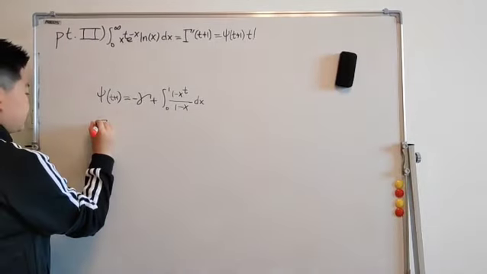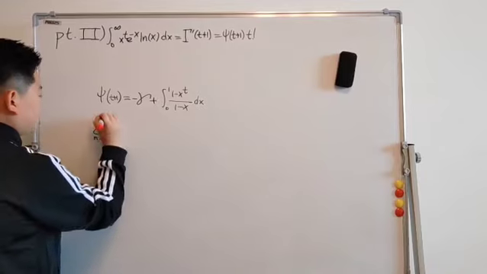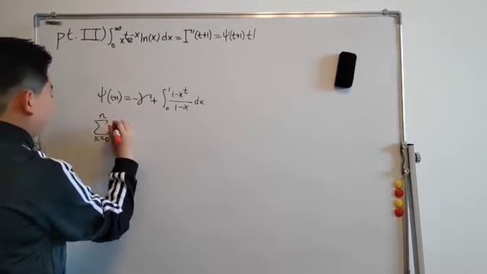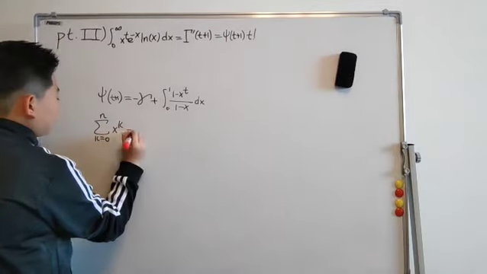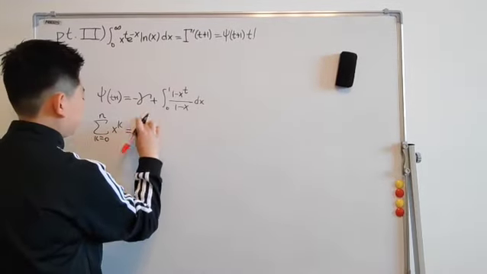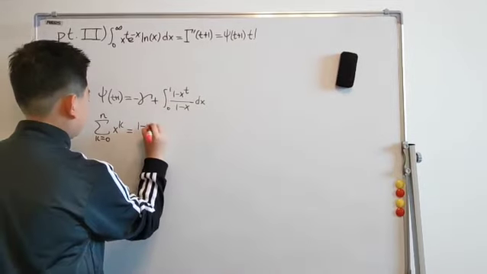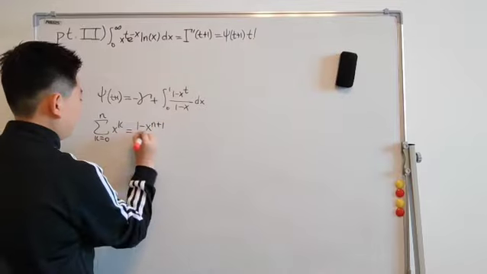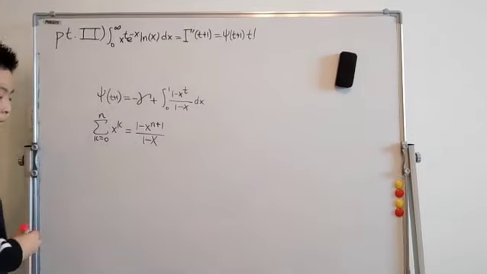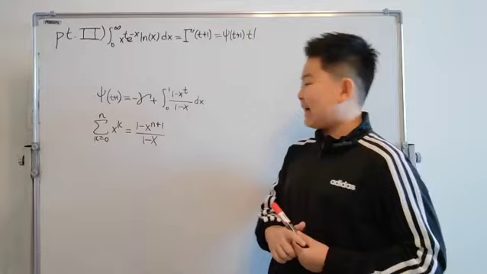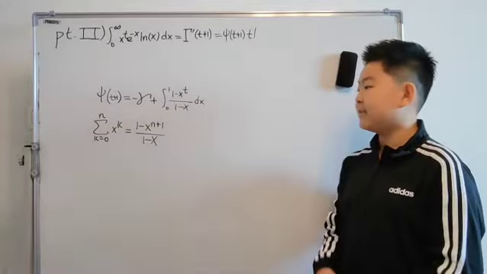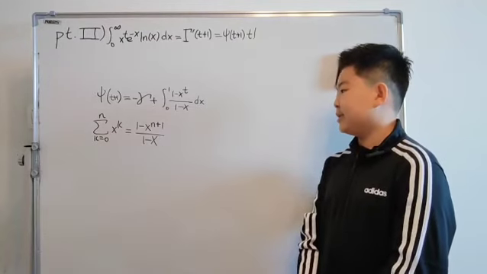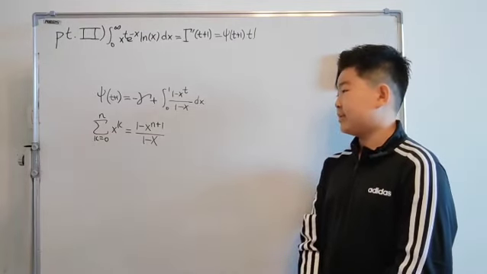Well, it says that the series from k equal to 0 to n of x to the k is going to be equal to (1 minus x to the n plus 1) over (1 minus x). Baby Gauss proved this kind of thing when he was like 3 years old. So very impressive of him.